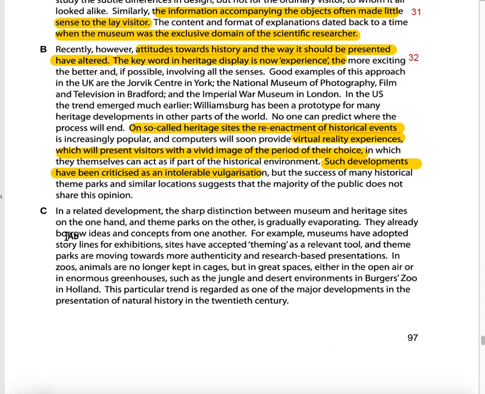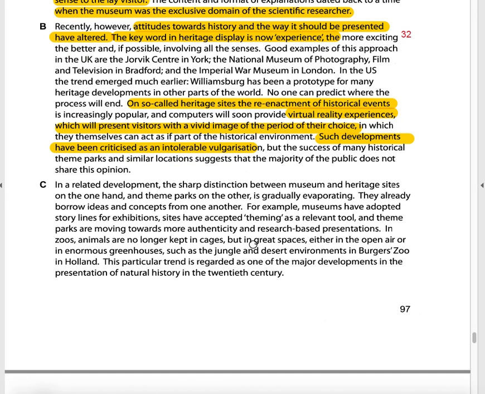Museum and heritage sites on the one hand, and theme parks is gradually evaporating. So the distinction between museum and heritage sites on the one hand and theme parks. Okay, so that's kind of key. It's saying that everything is becoming similar. The sharp distinction between museum, heritage sites, and theme parks is gradually evaporating, changing. So they help each other.